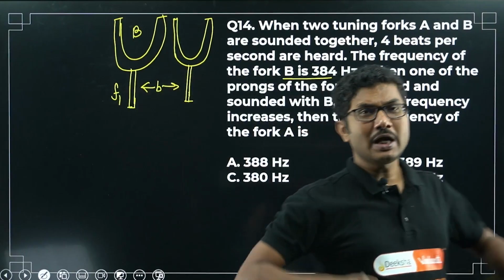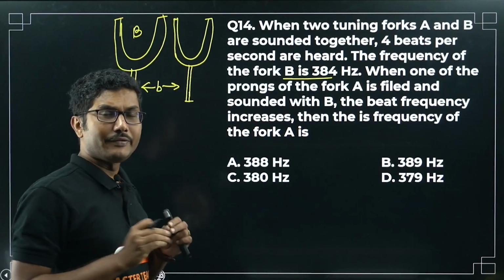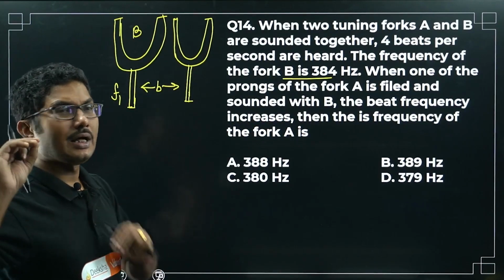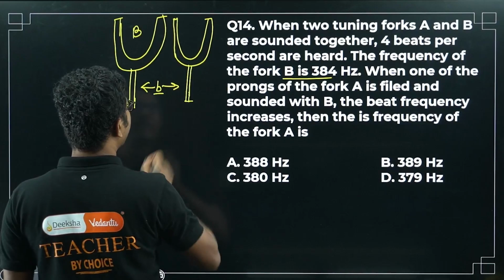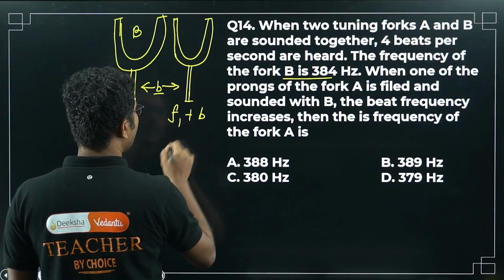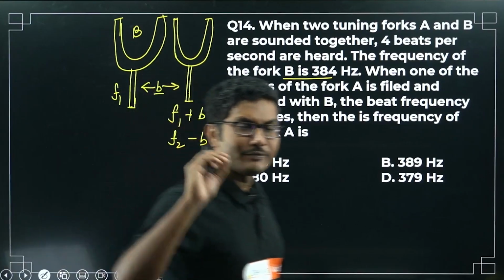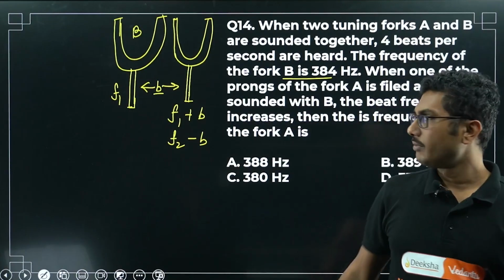Beat frequency means the difference between the frequencies. That's it. Beat frequency is nothing but the difference in the frequency. So if the beat frequency is B, then this can be either F1 plus B or F2 minus B. Both can give you the beat frequency of B, right?